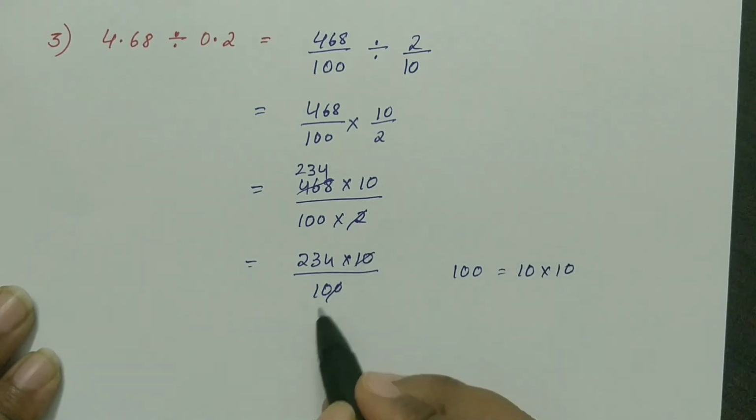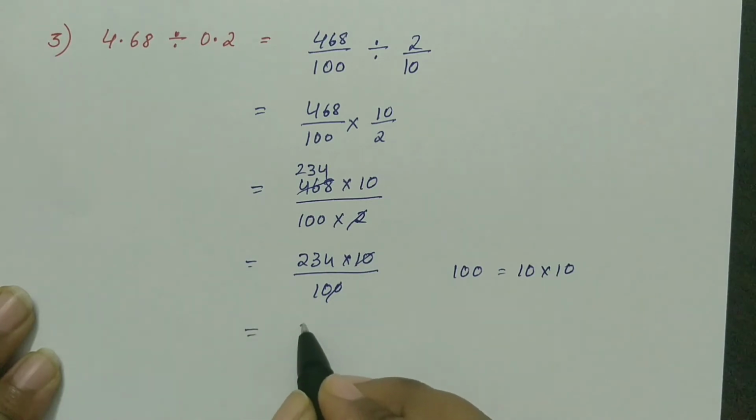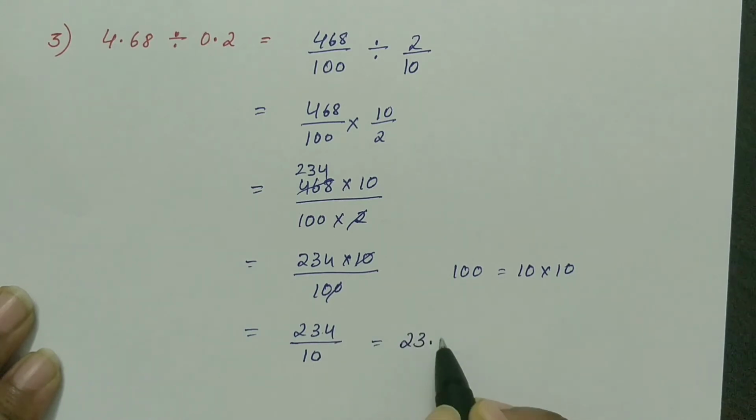So 10, 10 cancel, remaining 10 will be here. Equal to 234 divided by 10 equal to 23.4.